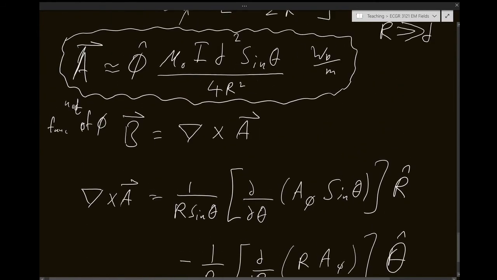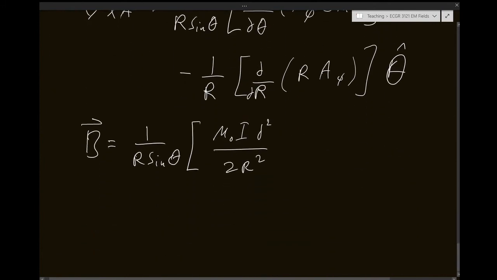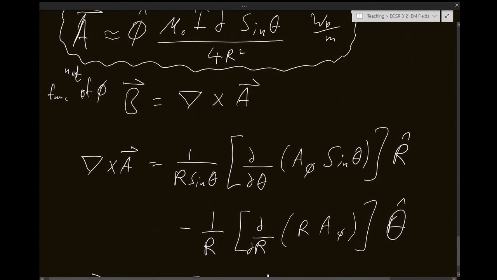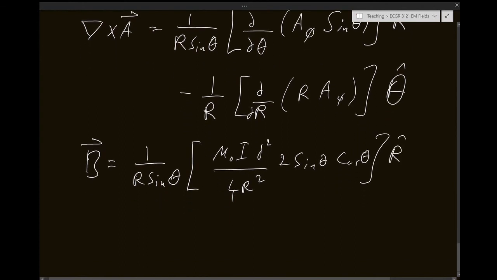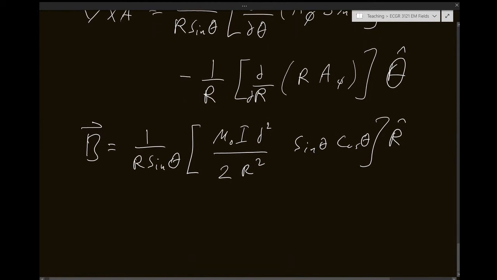Is that correct, by the way? Oh yeah, 4. Sorry, 4r squared. Sine squared differentiates to 2 sine theta cosine theta. That's how you differentiate sine squared, right? And the 2 cancels the 4 here. This becomes 2. Right, minus, the computer is a little laggy, minus 1 over r times mu naught I d squared over 4r squared.